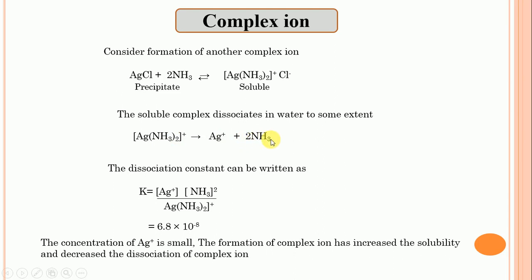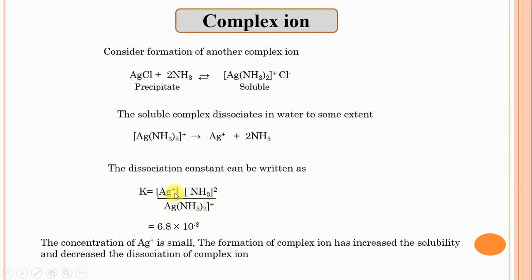Now the dissociation of this complex, this Ag(NH3)2 plus dissociates as Ag plus plus twice NH3. Now this complex is a soluble complex and it dissociates in some amount into the water. Now see, the dissociation constant, or we can say the instability constant for this complex ion is K, and this instability constant or dissociation constant K is equal to Ag plus, then NH3 squared, divided by Ag(NH3)2 plus.